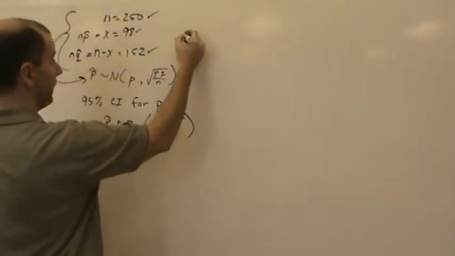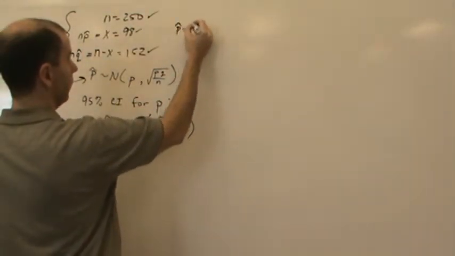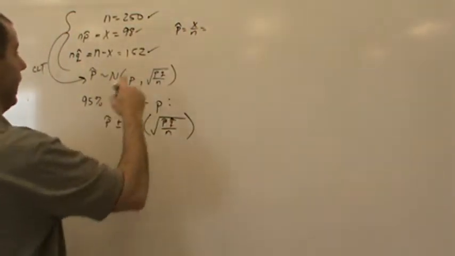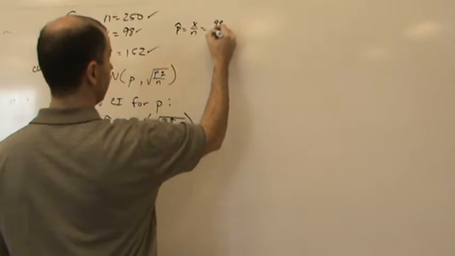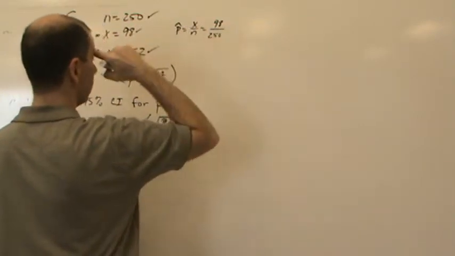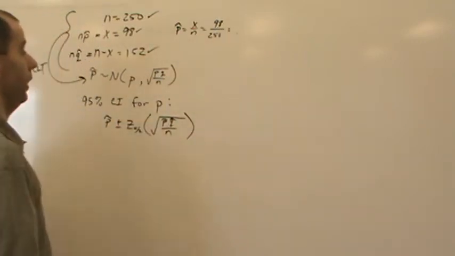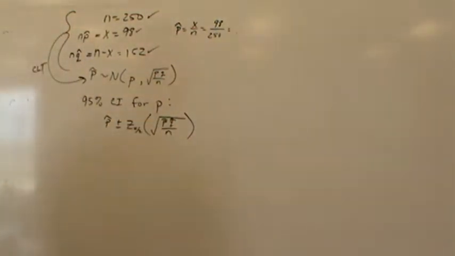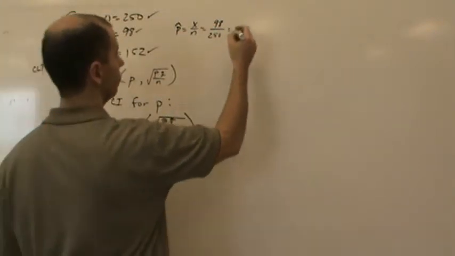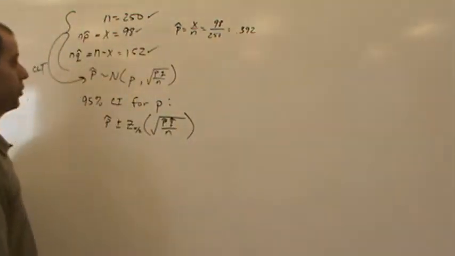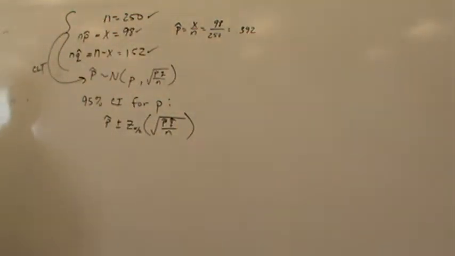What's p hat? x divided by n, so 98 divided by 250, which is equal to 0.392, if I'm not mistaken.